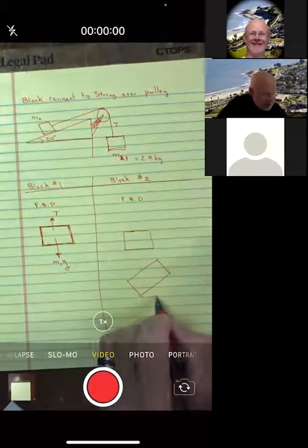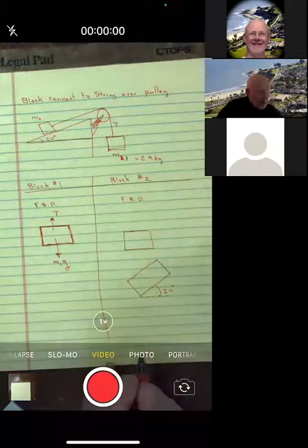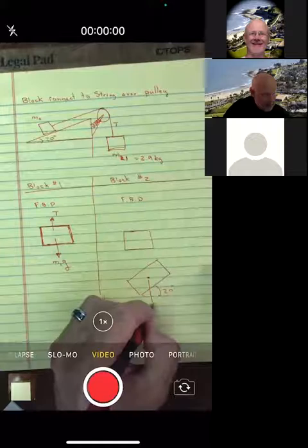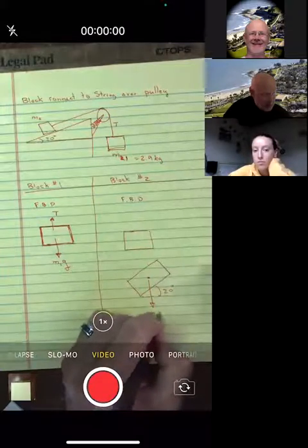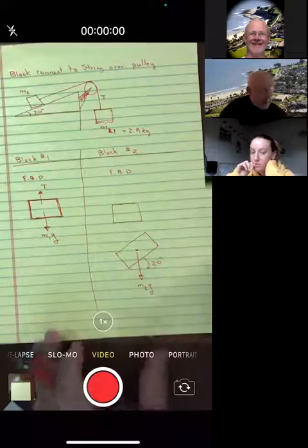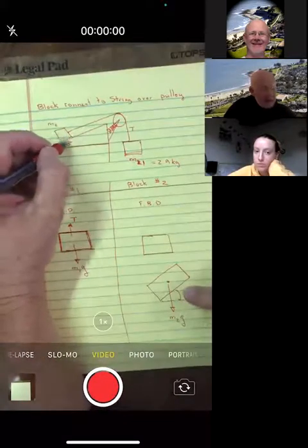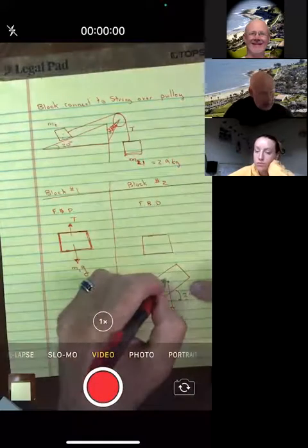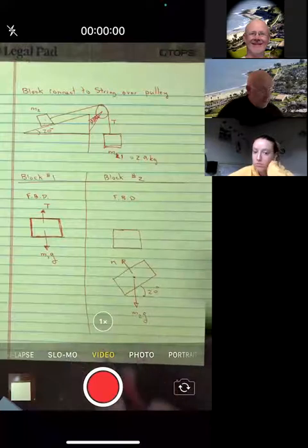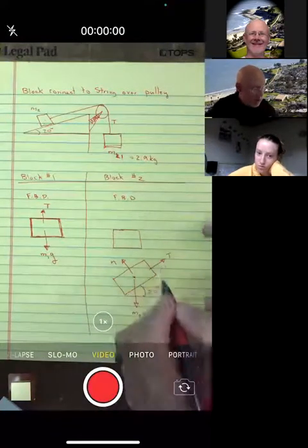Maybe that's a little too much tilt. It's only supposed to be 20 degrees. But as I draw the forces on block number 2, there would be gravity pulling it straight down, M2G. And that's the one we need to talk a little bit about. There would also be the contact between the block and the incline. So that would be a normal force. And then, of course, the other thing touching it is the tension T.